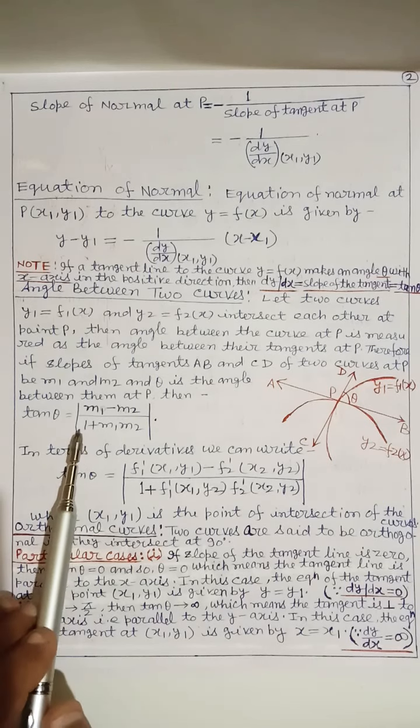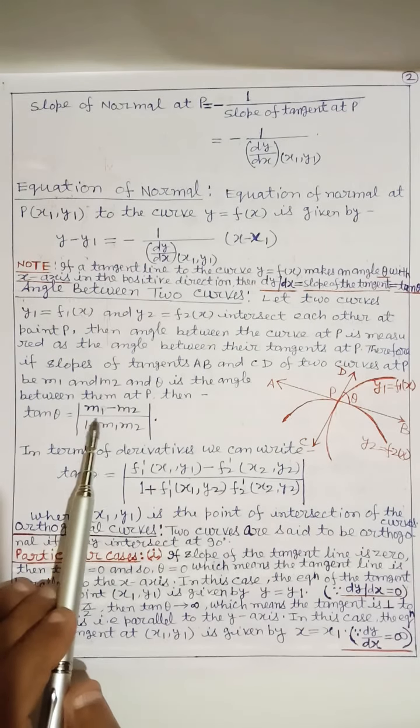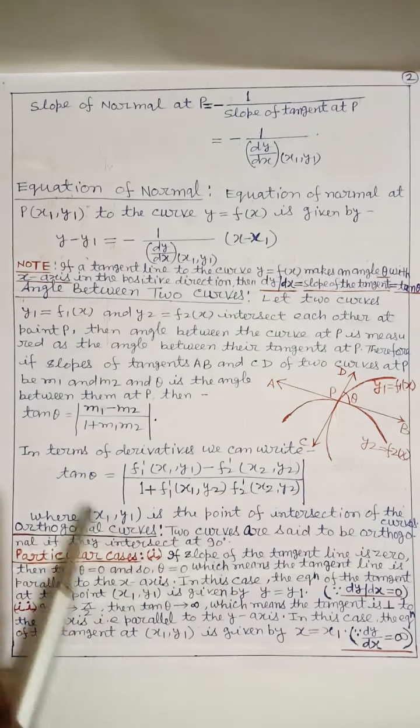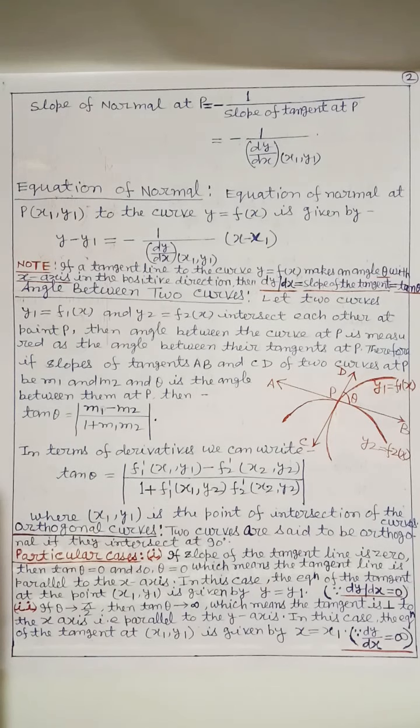Dear students, we know that m1, the slope of tangent, is also denoted by dy by dx or f dash x.